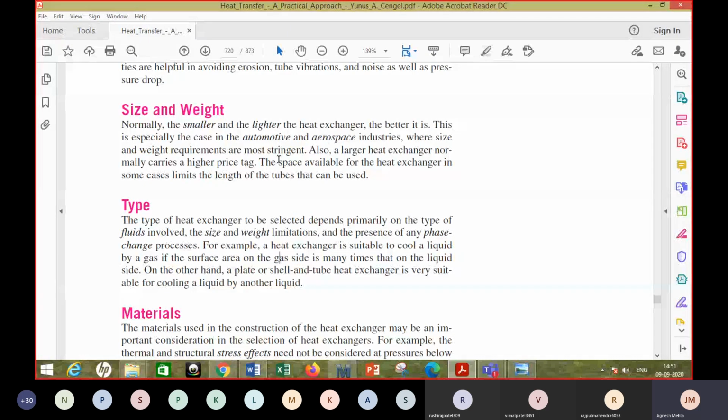For example, a heat exchanger is suitable to cool a liquid by a gas if surface area on the gas side is many times that on the liquid side. On the other hand, a plate or shell and tube heat exchanger is very suitable for cooling a liquid by another liquid, right? So depending upon the type of fluids that you are going to use, the selection of the type of heat exchanger may change.